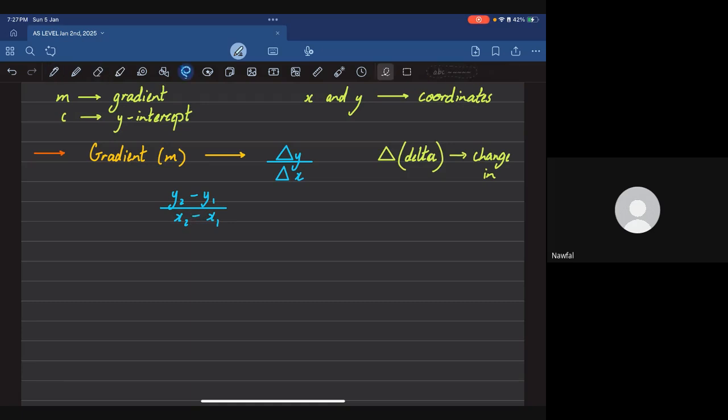Whatever you're using first, regardless of whether you're using y1 or y2 first, please make sure that the order is the same. If you use y2 first, then x2 will follow. Do not write it as y2 minus y1 over x1 minus x2. This is a very amateur mistake, and this will give you a wrong gradient.